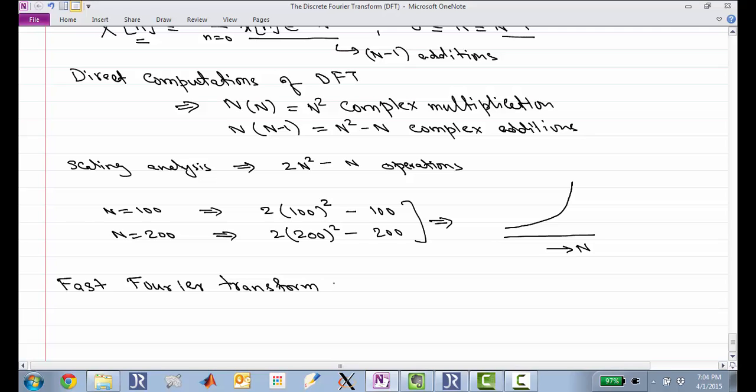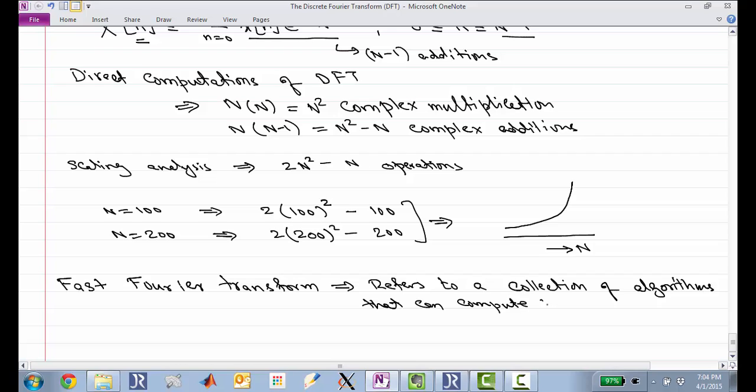It's actually fast Fourier transform. It refers to a collection of algorithms that can compute the DFT in a very fast fashion.